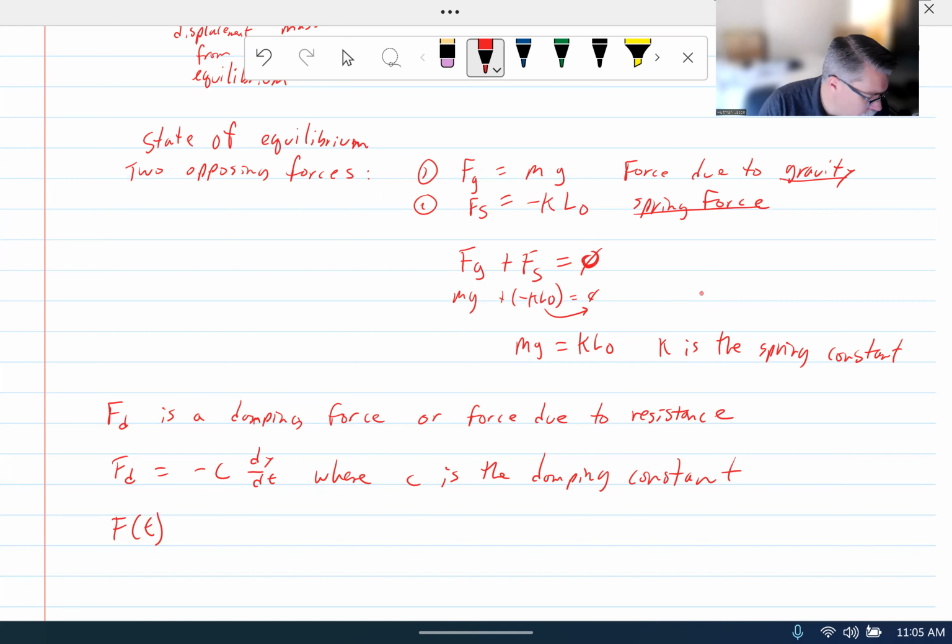F of t is any external force on the system, like a finger pushing down on the spring.